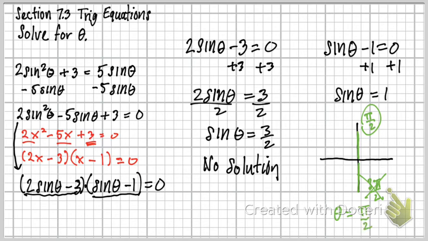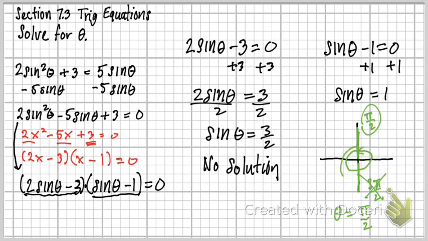So now when I look at my answers, that is my only answer for all of these. Now keep in mind here, I need to generate all the answers because it just said solve for theta in the beginning here. So that means I have to write every answer. So now keep in mind what this means. I know this here is one of my answers. So that means when I go all the way around, that's going to also be an answer.